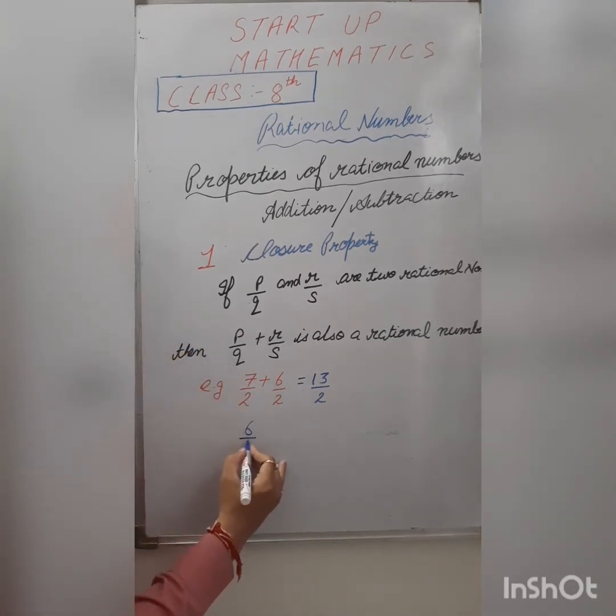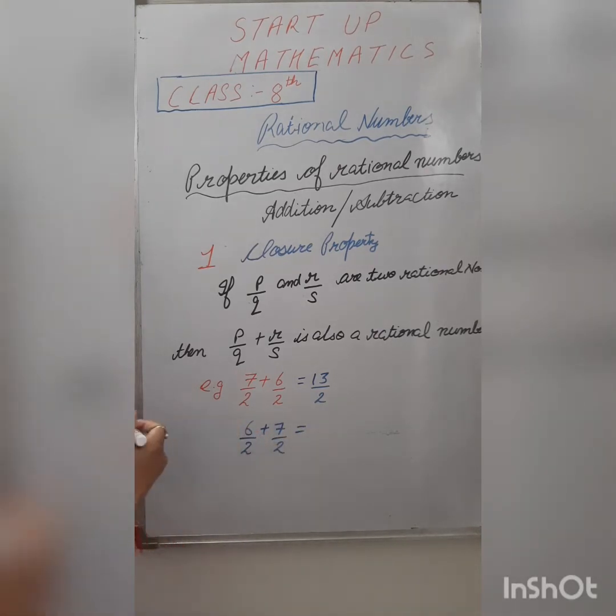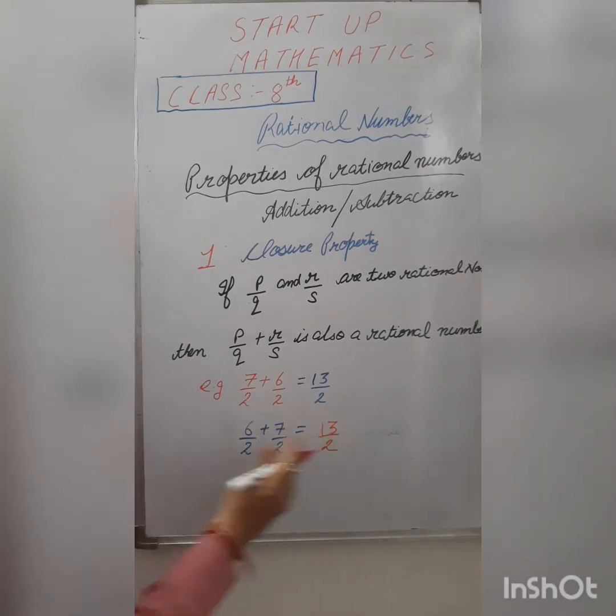If I add 6 by 2 plus 7 by 2, again the answer is 13 upon 2. So this is the addition of two rational numbers in any order, and that is our second property.